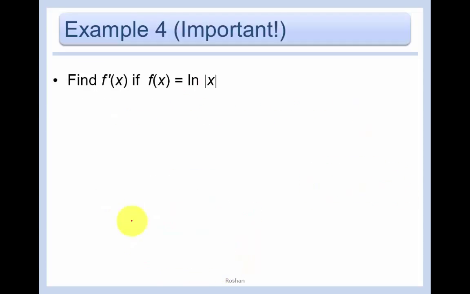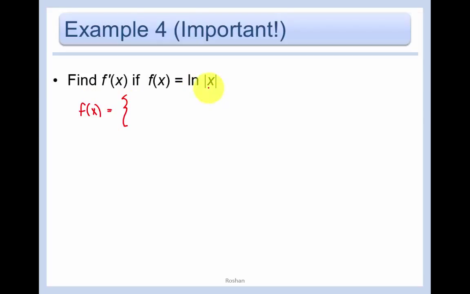Finally, and this is an important one that we are going to be investigating even further later when we get to the second half of the course, where we're undoing all this stuff and doing our antiderivatives, so we're going to keep this one in mind also. If f of x equals ln absolute value of x, then how do we find f prime? So to start this, let's just rewrite our original function as a piecewise function.